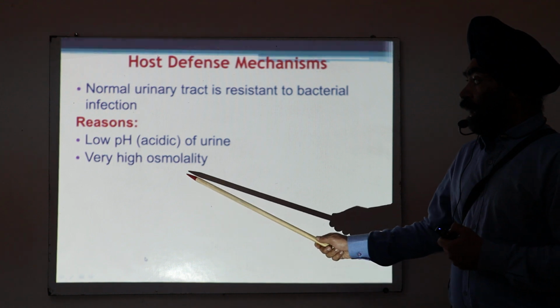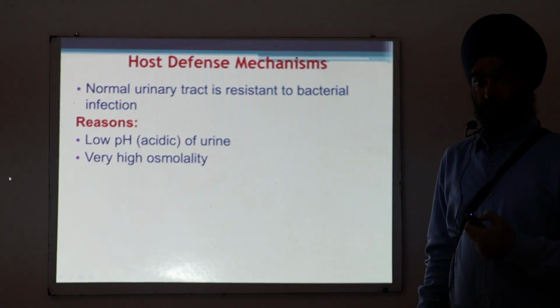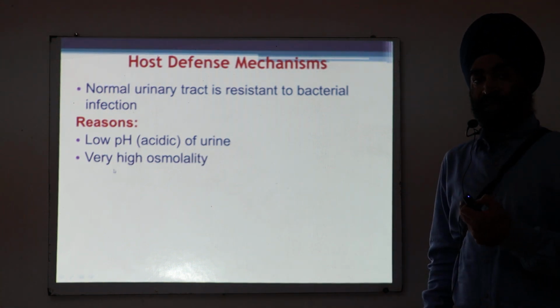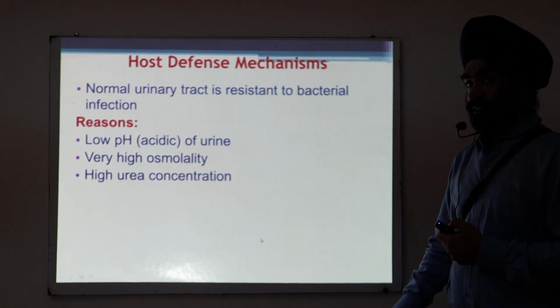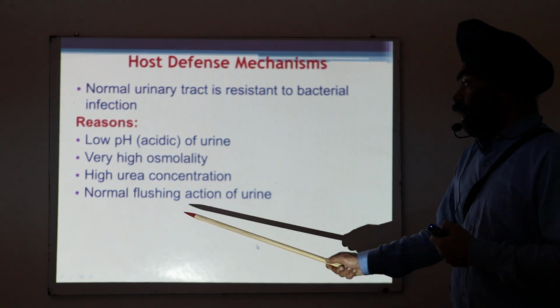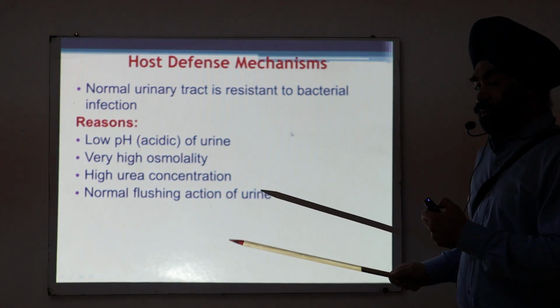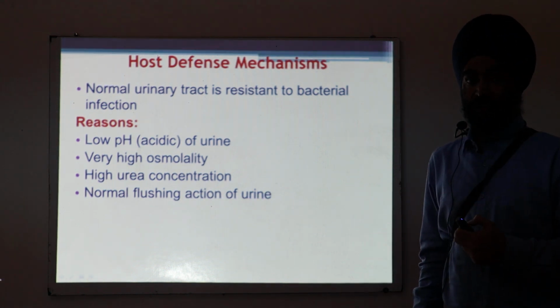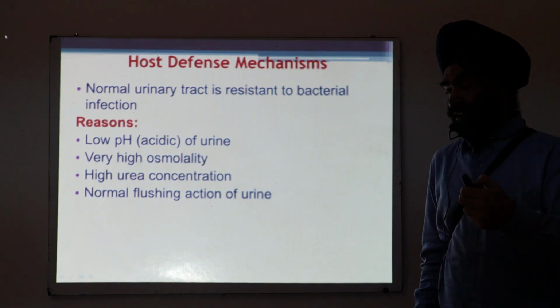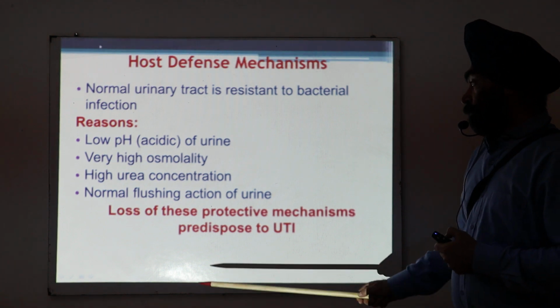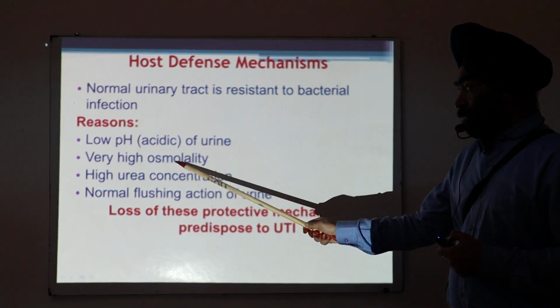Second thing, very high osmolarity. Urine has high osmolarity and bacteria cannot grow in that osmolarity. Then high urea concentration. Then the normal flushing action of the urine, because urine passes with a very high speed, and with that high speed, whatever bacteria are present are washed away. So these are the protective mechanisms.